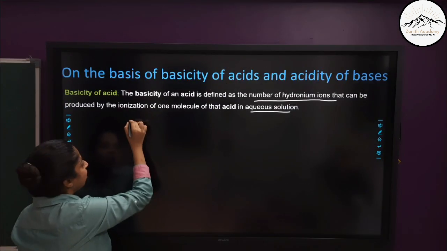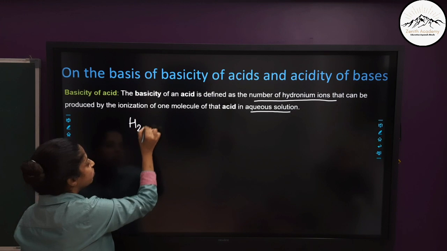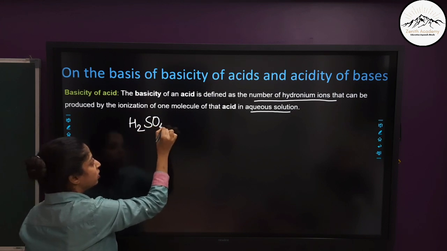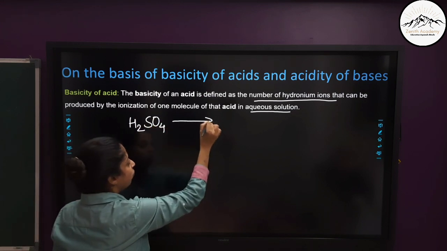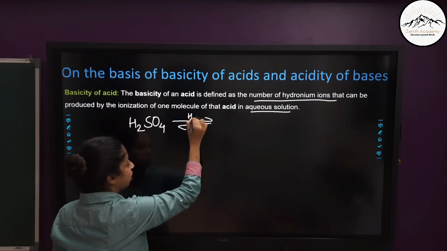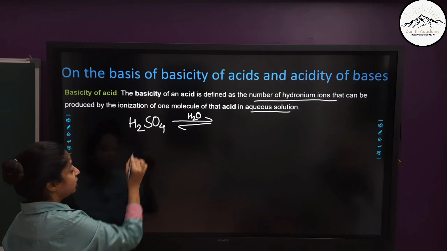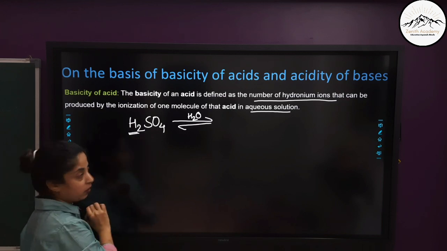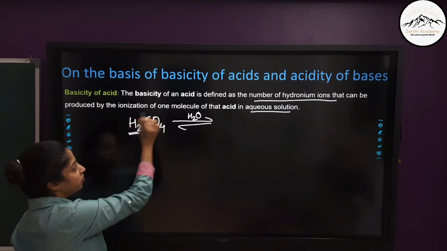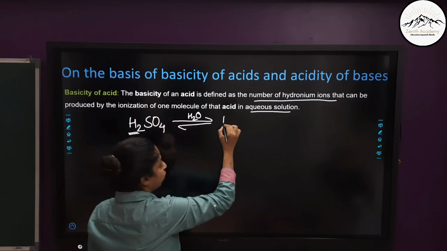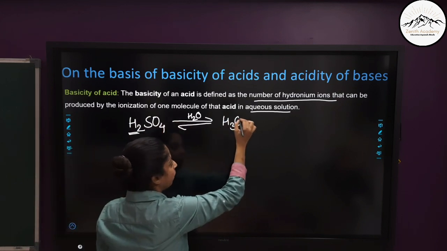Now children, we will take another example of an acid. This is which acid? H2SO4, sulfuric acid. So when this reacts with water, what happens in the aqueous medium? It dissociates. Now it has 2 hydrogens. First, when one of the hydrogens reacts with water, it will form hydronium.